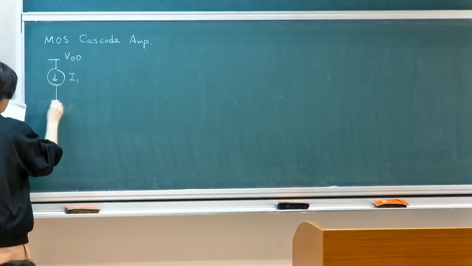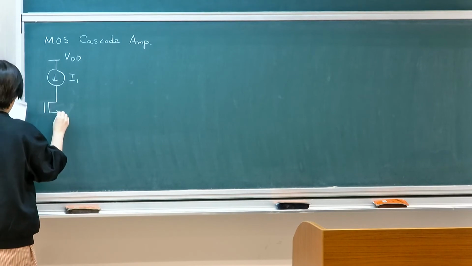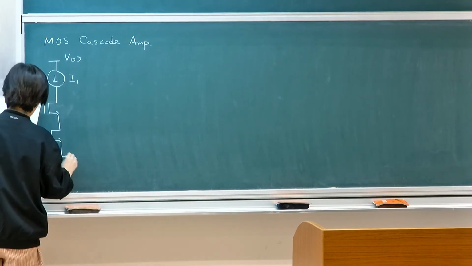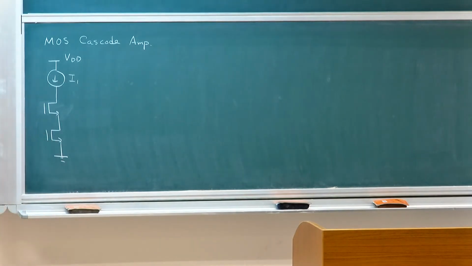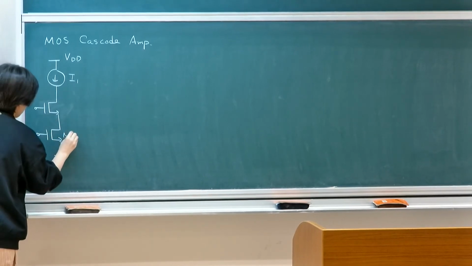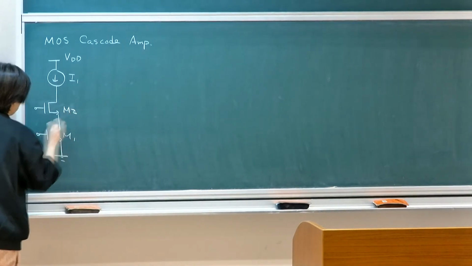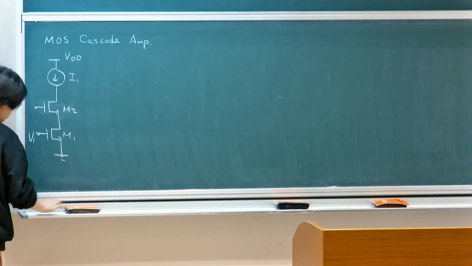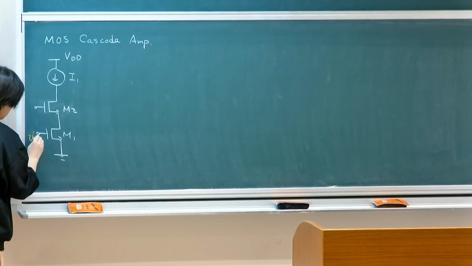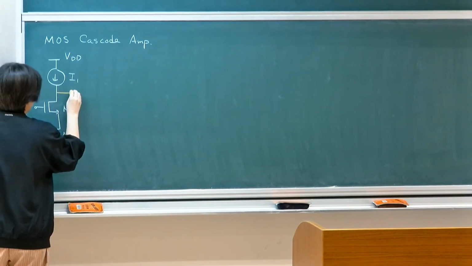So we do the MOSFET counterpart. This would then be M1, M2. My input is still at the gate. My output is here.